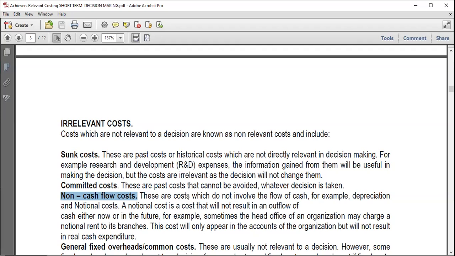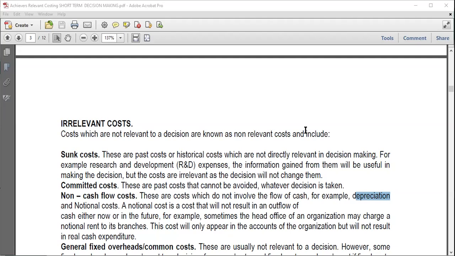You get it? And then, of course, the other cost that is also non-cash flow is depreciation. With depreciation, it's just a provision for wear and tear, where an organization can say maybe 10% for motor vehicles and so on, and then 20% for another asset.